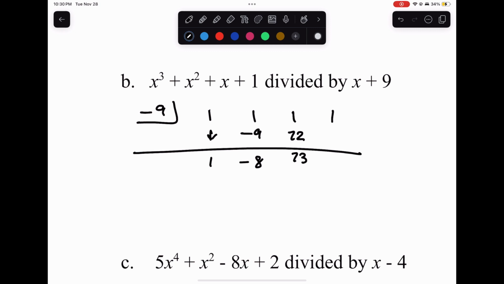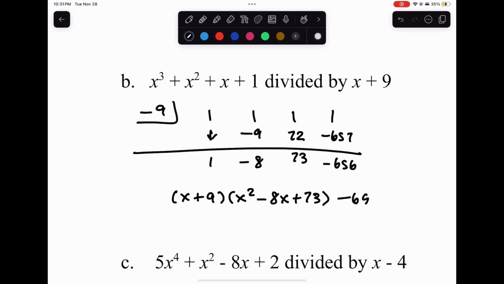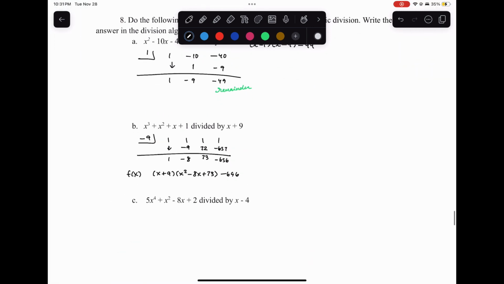Negative 8 times negative 9 is 72. 1 plus 72 is 73. 73 times negative 9 is negative 657, which gives us a pretty big remainder. So we can see (x plus 9) times (x squared minus 8x plus 73) minus a remainder of 656.